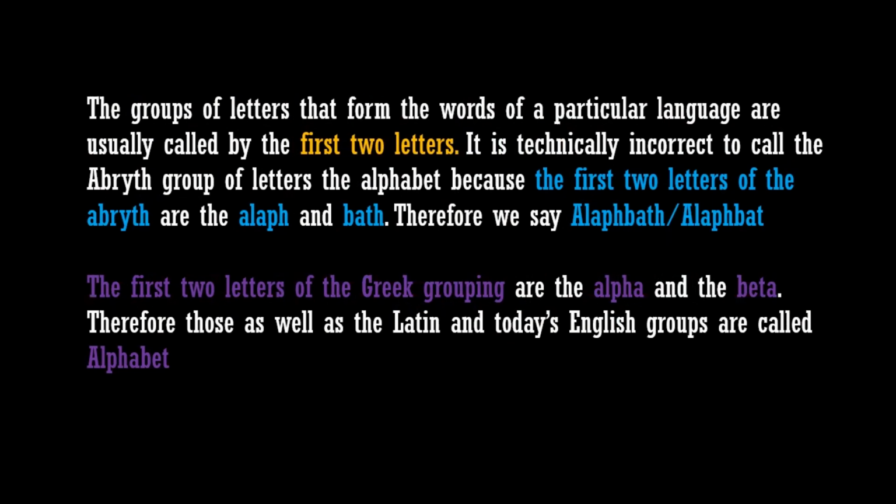Therefore, we say AlaphBat. The first two letters of the Greek grouping are the alpha and the beta. Therefore, those as well as the Latin and today's English groups are called alphabet.